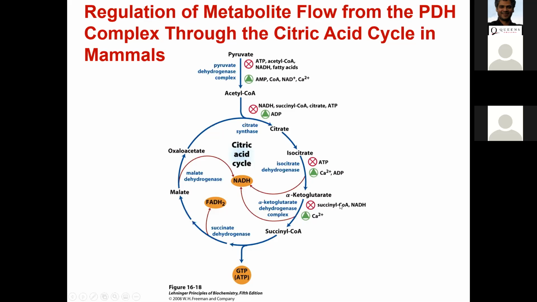Succinyl coenzyme A and NADH are the inhibitory allosteric ligands, and calcium is the activating ligand, right? So those are the 3 steps that actually are regulated allosterically. Cool, right?